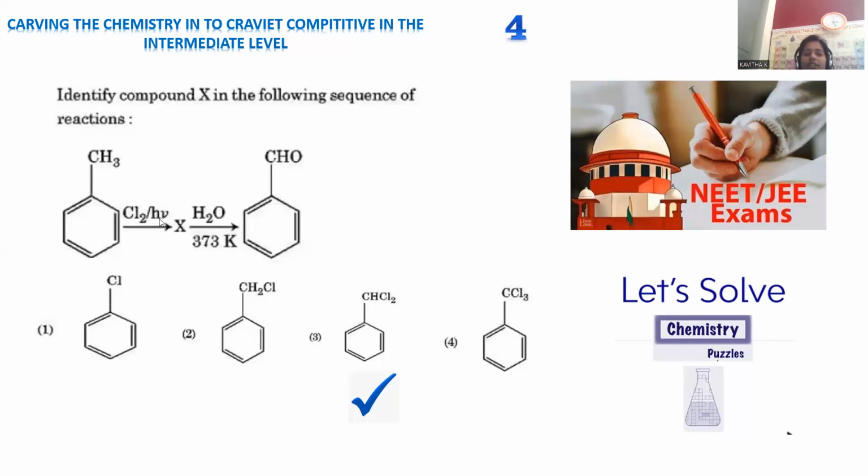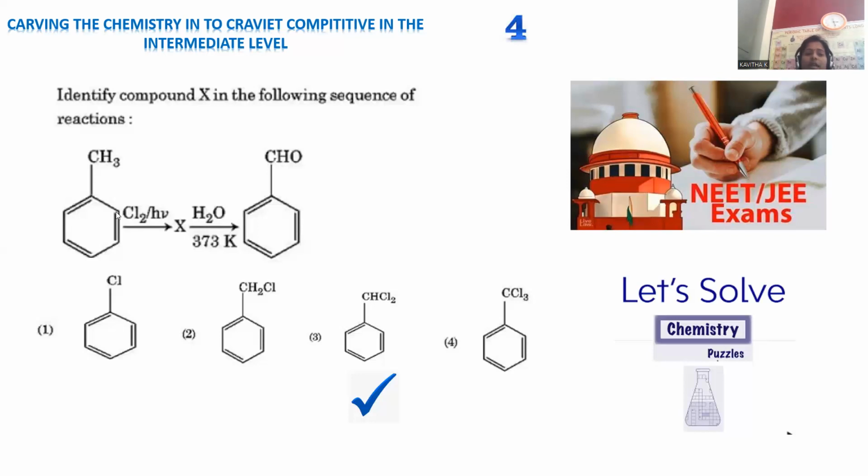Whenever chlorination is under hv, being a free radical chain mechanism, you will get one atom substitution, so CH2Cl will be generated. Two-step substitution, CHCl2 will be generated. Three-step substitution, we will get CCl3, also possible.